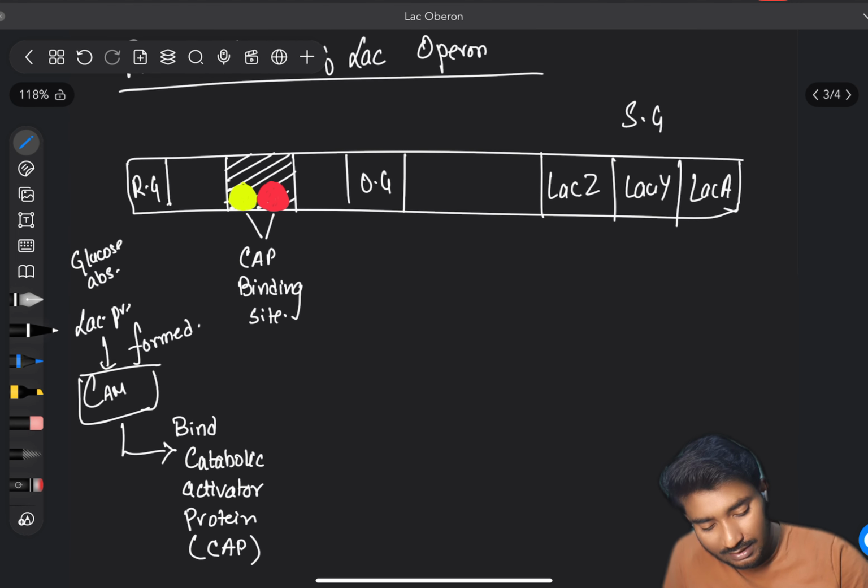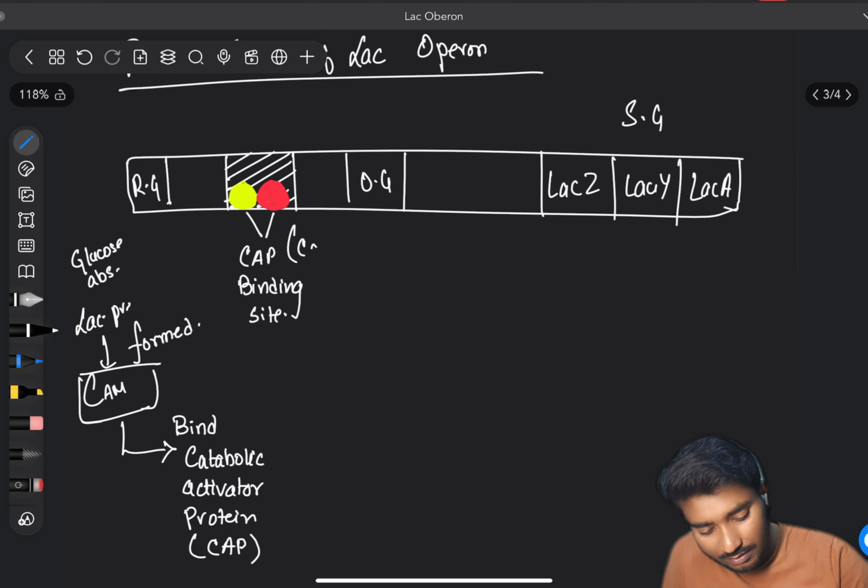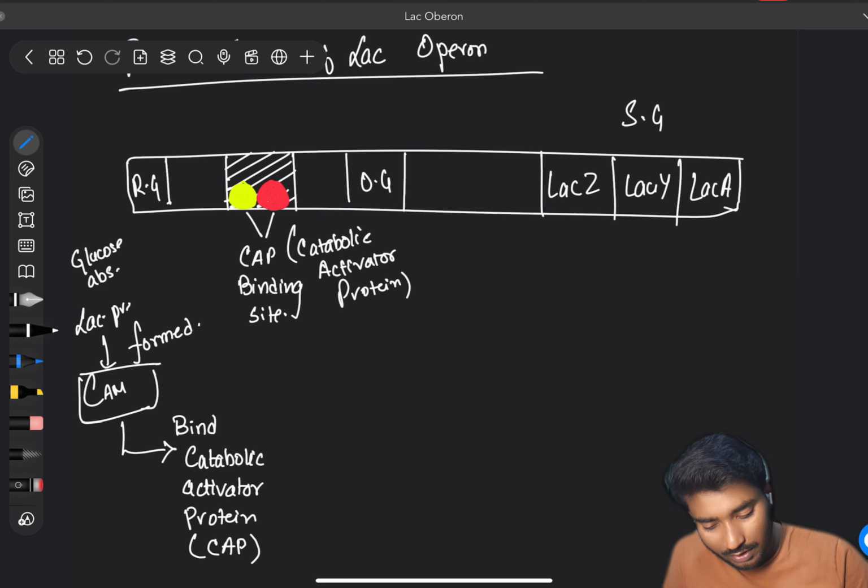So this CAP is catabolite activator protein. Okay.